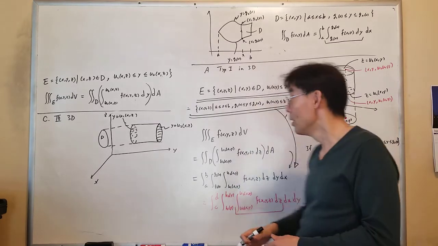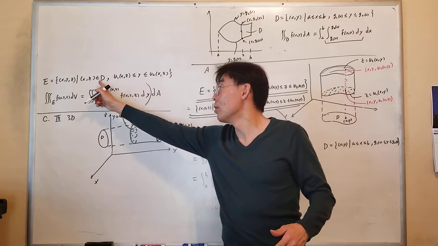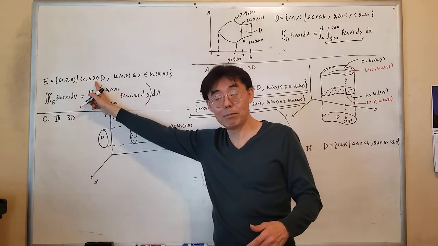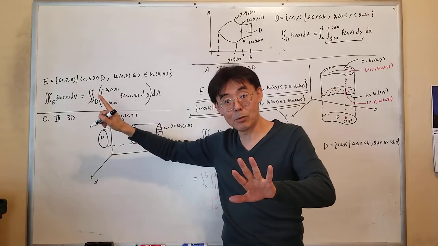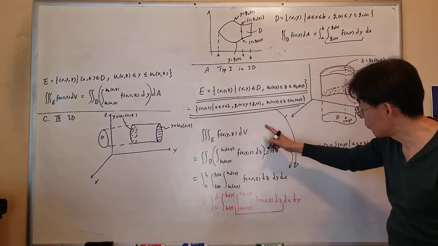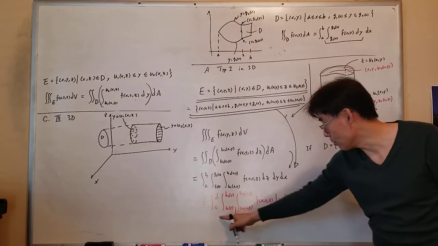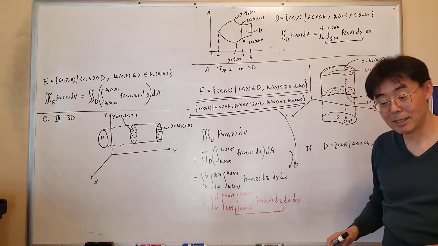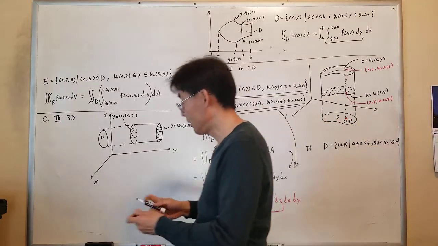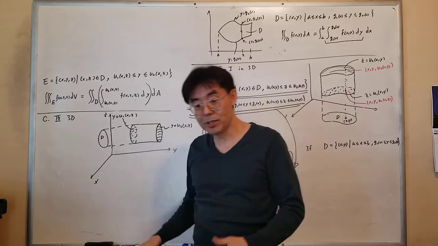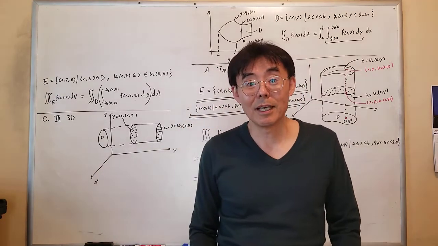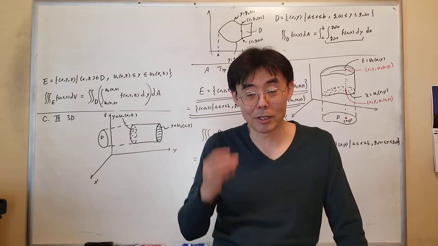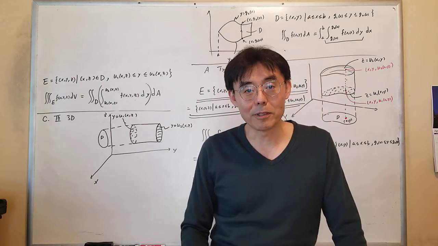So once you are given what type your domain D is in the xy, xz, or yz plane, you can write your triple integral all the way down like this. We will practice this using many examples in the second part of the lecture of section 12.7.